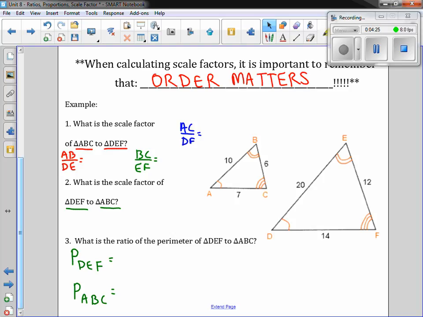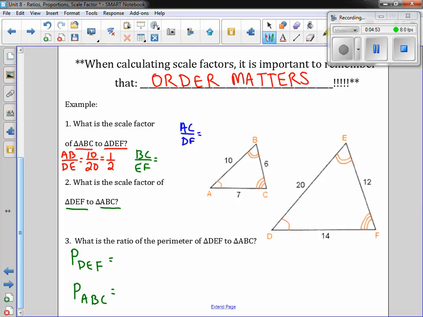The first example asks us for the scale factor of triangle ABC to triangle DEF. Since order matters, and I'm starting with the smaller triangle ABC, that is going to be the side that's listed on the top. AB is 10, and DE is 20. If I simplify, that gives me a scale factor of 1 to 2, or 1/2.